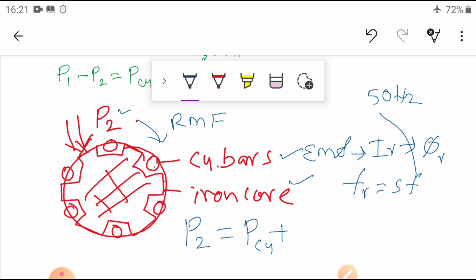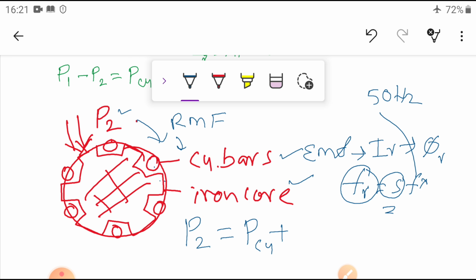Under standstill condition the frequency is 50 Hz, but when running near synchronous speed, that is 1400 RPM, there is some slip percentage, that may be 2%, 4%. That into 50 gives a very low frequency.